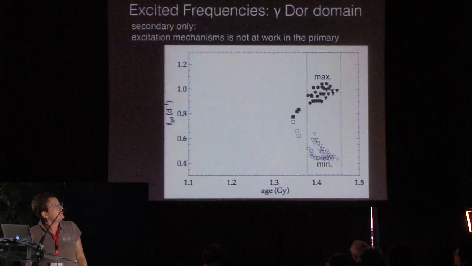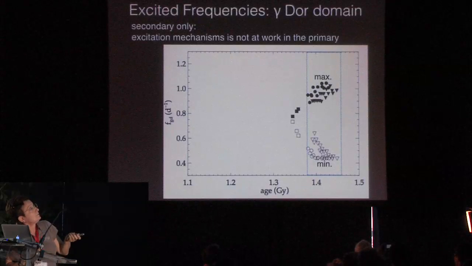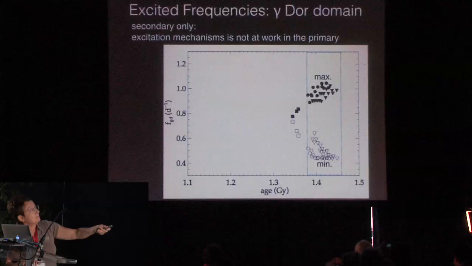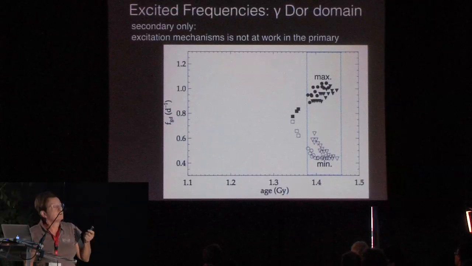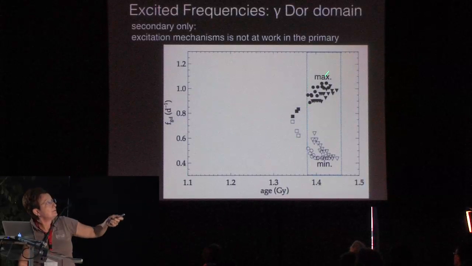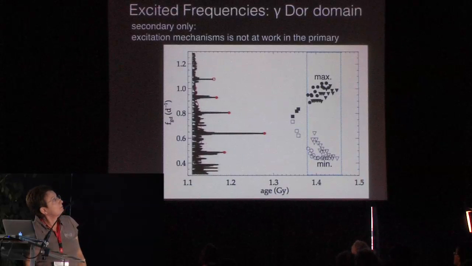And then the last, in the gamma Dor domain, you have the same play. Here is the age. This is for the secondary because for the primary, the mechanism is not at work. And then you get this interval, and this is what is observed. So it fits in quite well.